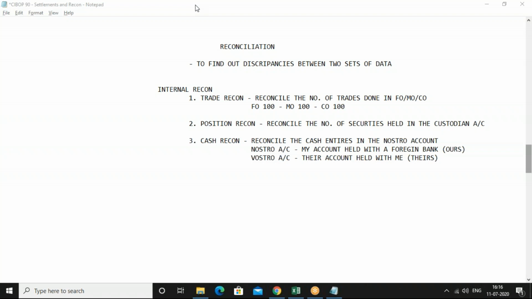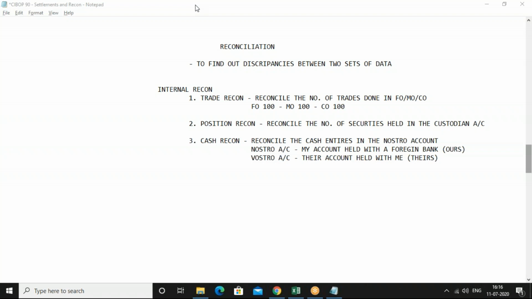So what is broker reconciliation basically? For example, Morgan Stanley and JP Morgan can act as brokers with each other, and their end client can be somebody else. When they act as brokers against each other, commission is due to each other, so they have to collect from their respective clients.